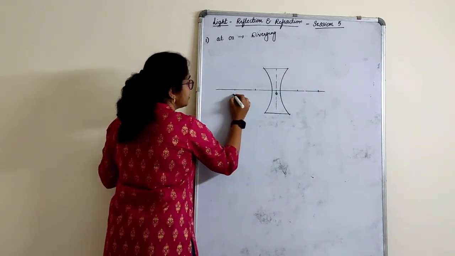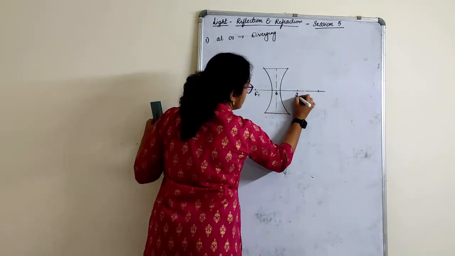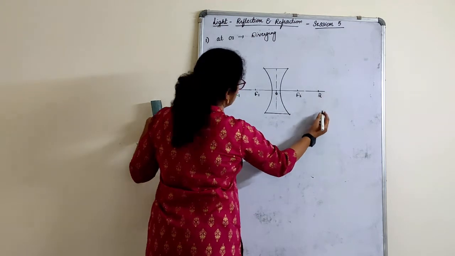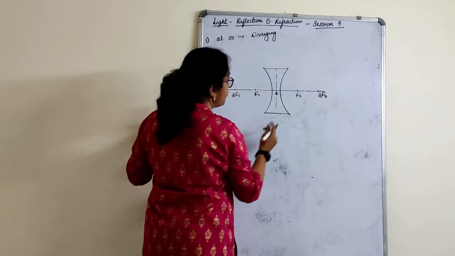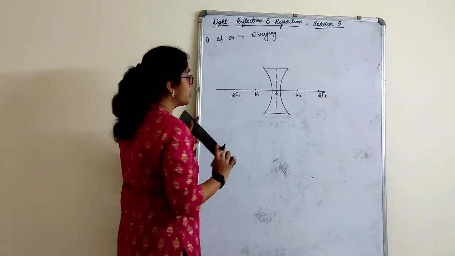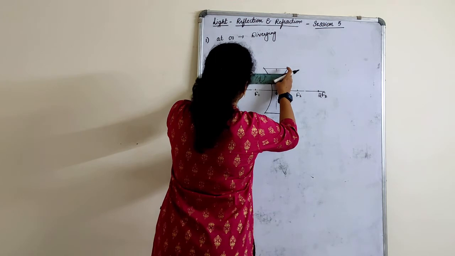This point is 2F1, F1, F2, 2F2. Again I am telling, first draw the lens, then the optic center, then mark the focus. So we will only take 2 rays, children, that's more than enough.